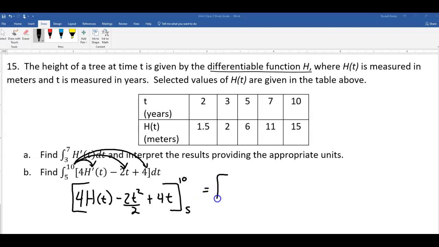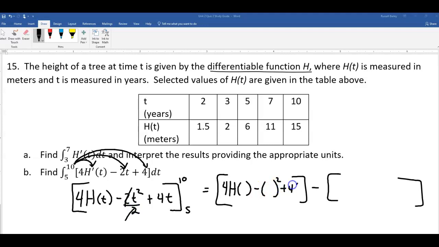So here we go. We have our setup. Now, I'm going to simplify this. These 2's cancel. Makes it easier for me with less writing. So there's my setup, and now I'll plug in the numbers. The 10 comes first. The 5 comes second.